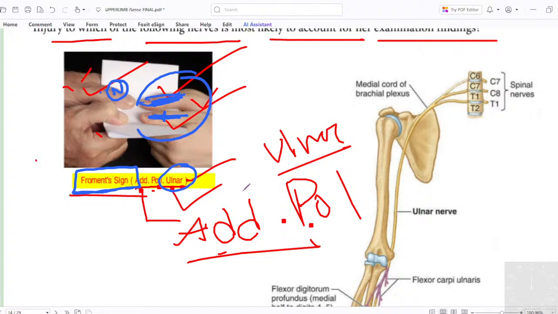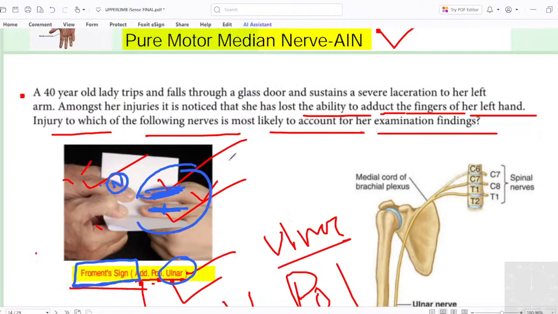I agree, but the question doesn't say thumb, it says fingers. Here, thumb and the fingers.